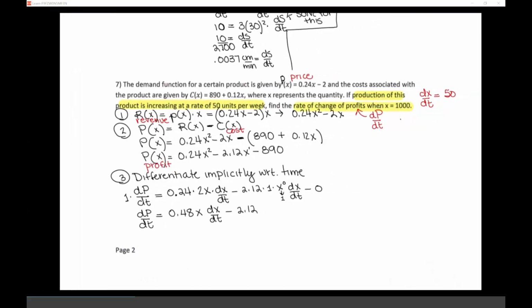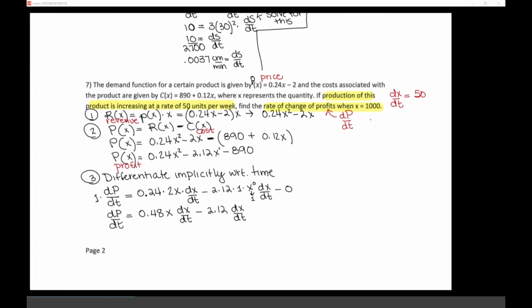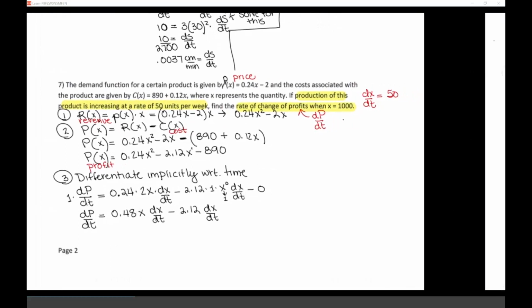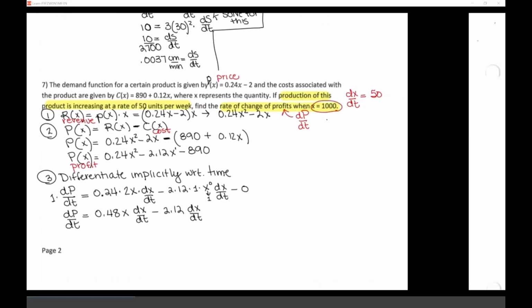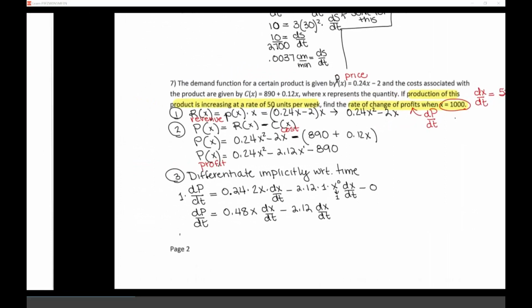That's just times 1 times dx/dt. And now what they want to know, find the rate of change of profits when x is 1,000. They're giving me an x value. I have a dx/dt value, so I can evaluate this just by plugging it in.